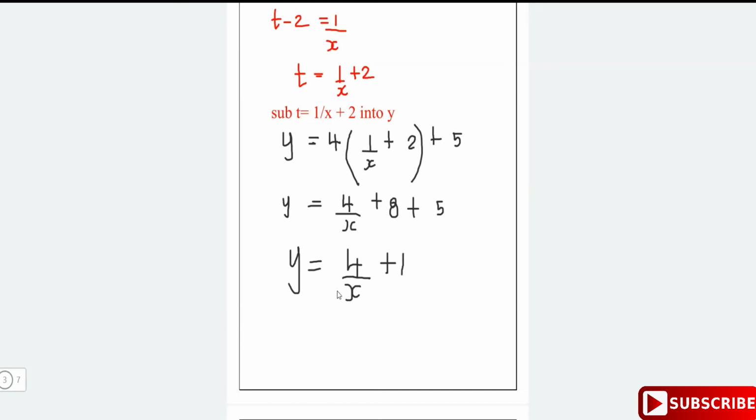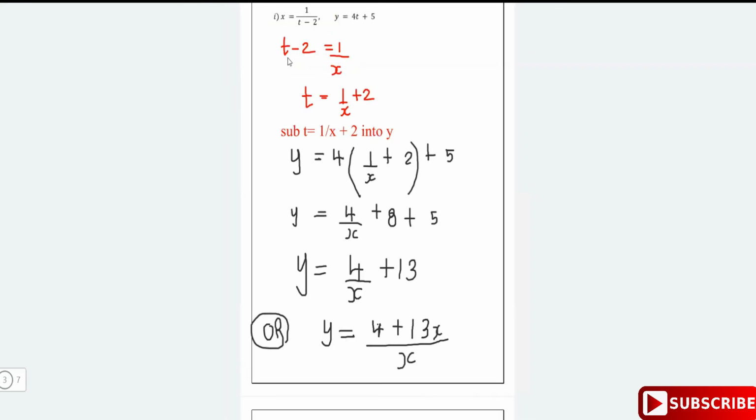Some people might like to write it as one fraction, so you could leave it as y equals 4 plus 13x over x. If you like to write it as one fraction, this is how you'd leave your solution. That's for this question. Nice and easy.